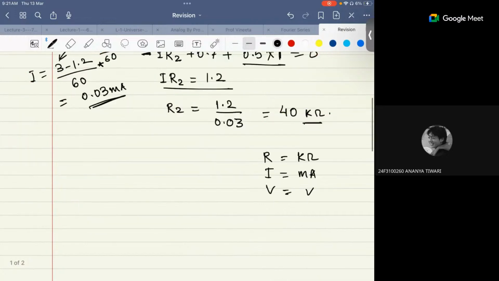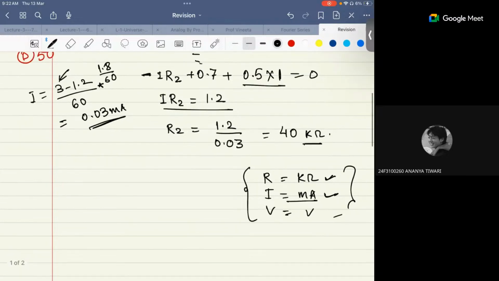If you write everything with resistance in kilo ohm and current in milliampere, then voltage will always be in volt. If you follow this convention, your current will come out in milliampere. You don't have to make the process lengthy. If you write 10 to the power minus 3 and 10 to the power 3 every time, somewhere you'll make a mistake and your answer will be incorrect. So better you always follow this method.